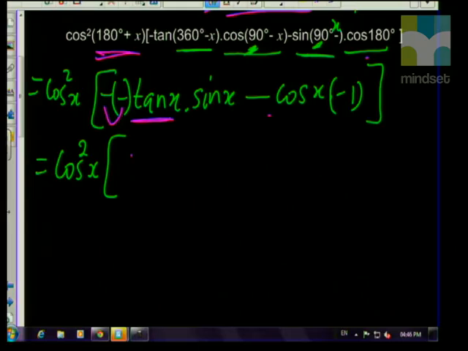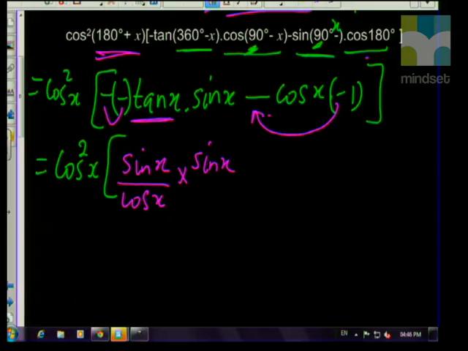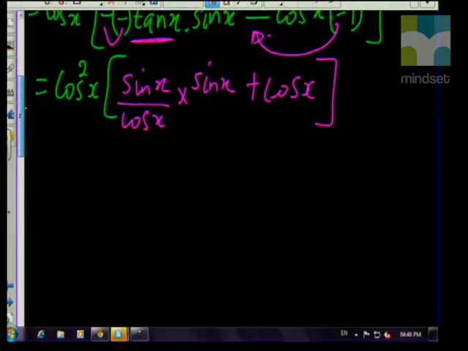But now remember your quotient identity. Quotient identity says if I'm given tan of x, so tan x equals sine x over cos x. So let's write that down. So that is sine x divided by cos of x multiplied by the sine x. Now, here I've got a negative. That's going to times to that negative, which gives us a plus cos of x. Okay? Now, let's move on.